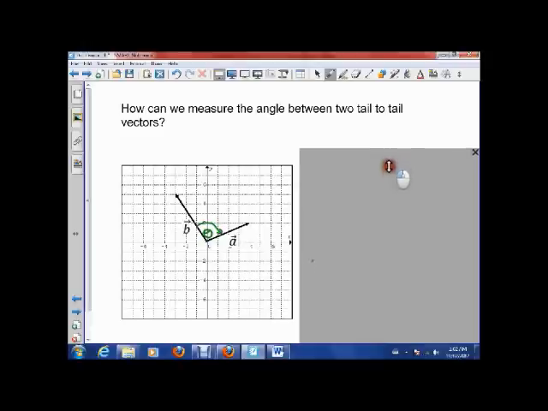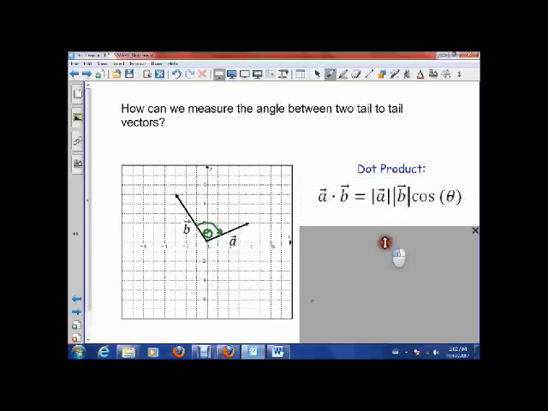But what I want you to know is the formula for the dot product, A dot B, is the magnitude of A times the magnitude of B times the cosine of the angle between them. So magnitude A, magnitude B, cosine of the angle between them. That's knowing the length of that and the length of that and the angle between them.